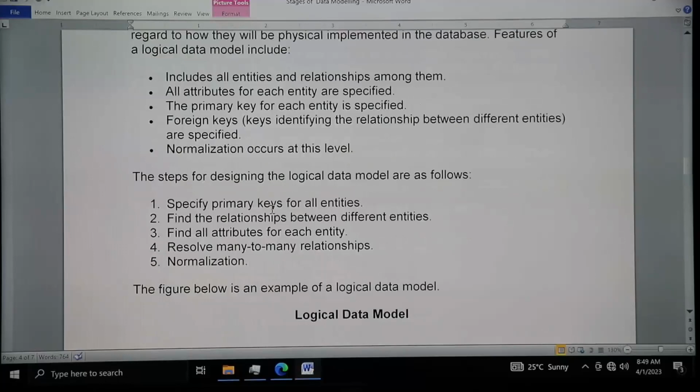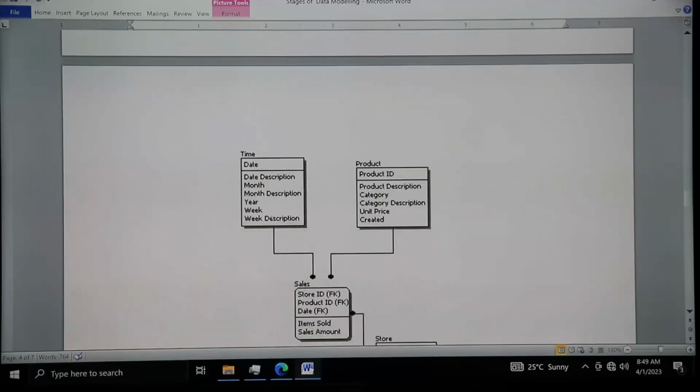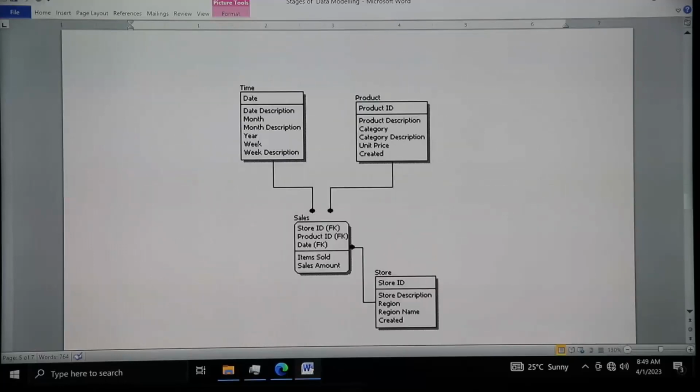I want to explain this in a diagram. It is the same data model that we found previously, but now this one has more details. It is expounded. So in which manner does this model include entities?